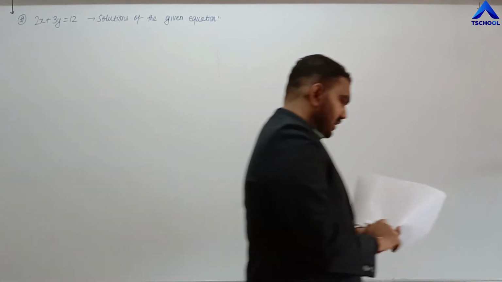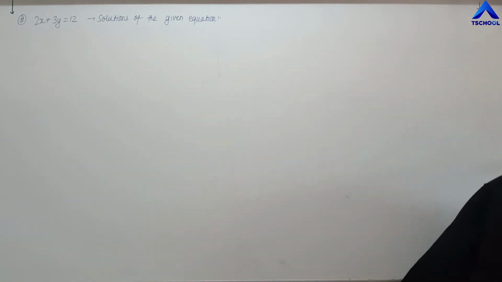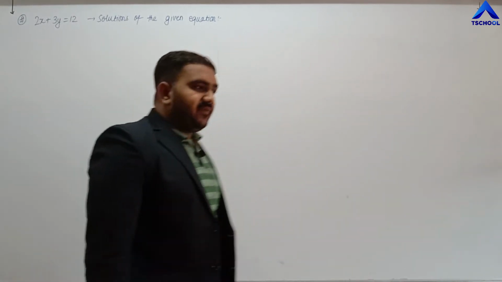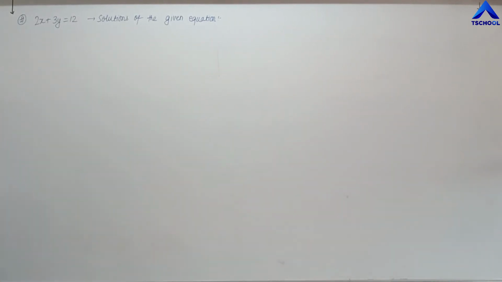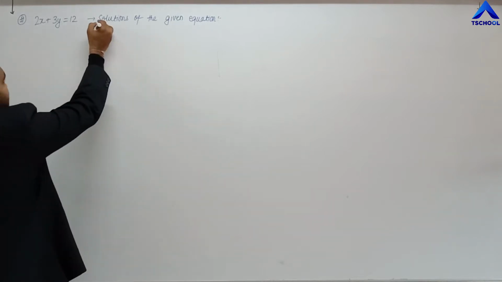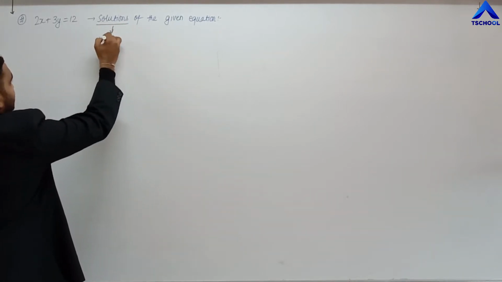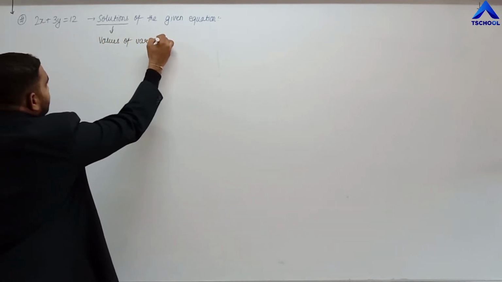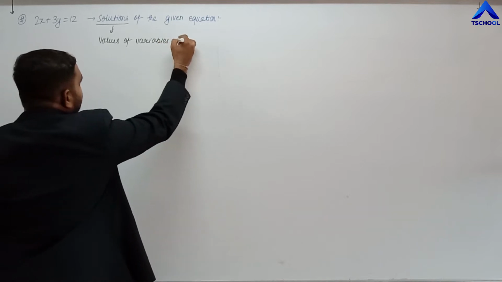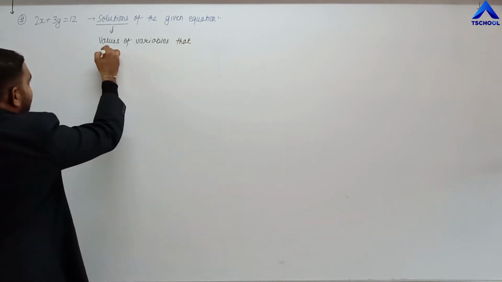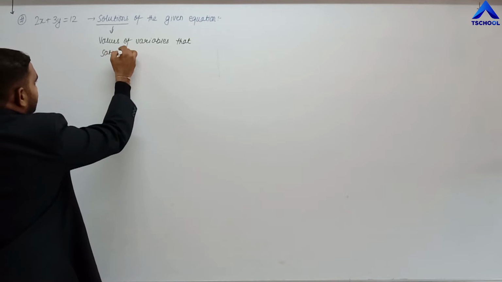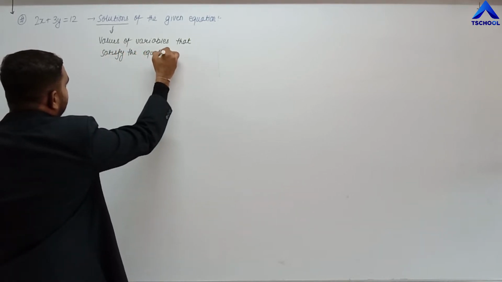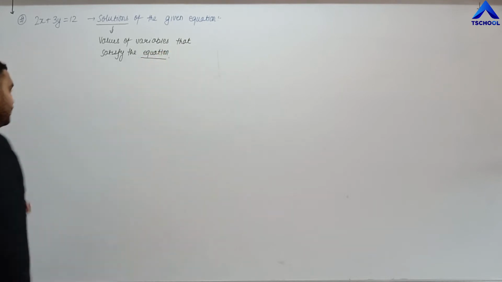Solutions of the given equation. So for finding out the solutions of the given equation, friends, we need to find out the values of x and y. Solution basically means values of variables that satisfy the equation.